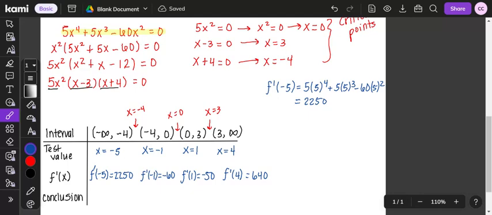Okay, now, once again, we're going to use that conclusion from the very beginning and say, okay, if my derivative is positive, that means between this interval, this function must be increasing.